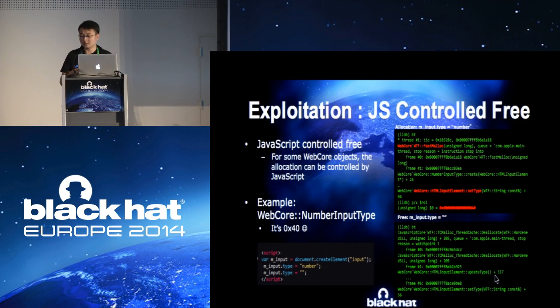A typical example is WebCore number input type. If we set its type to number, it will allocate 0x40 bytes of memory. And if we make it none, it will be freed. So I call this kind of object JS controlled free. And in WebKit, you can find a lot of such objects by searching for patterns, which is quite good.